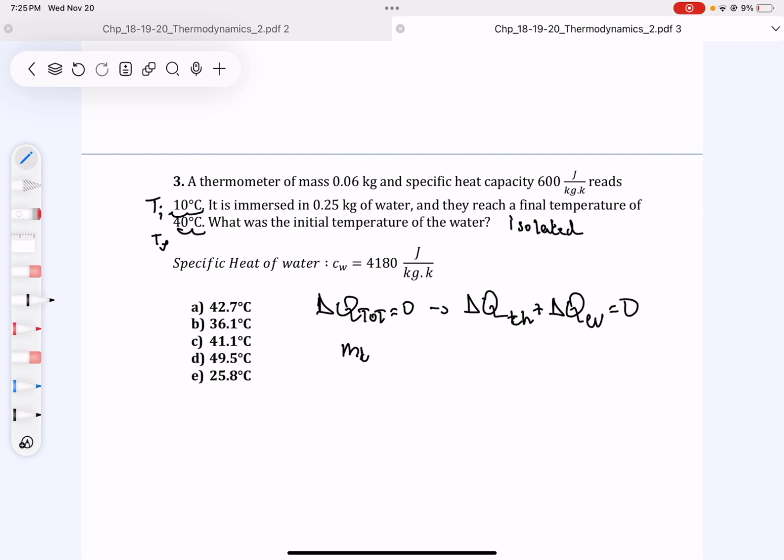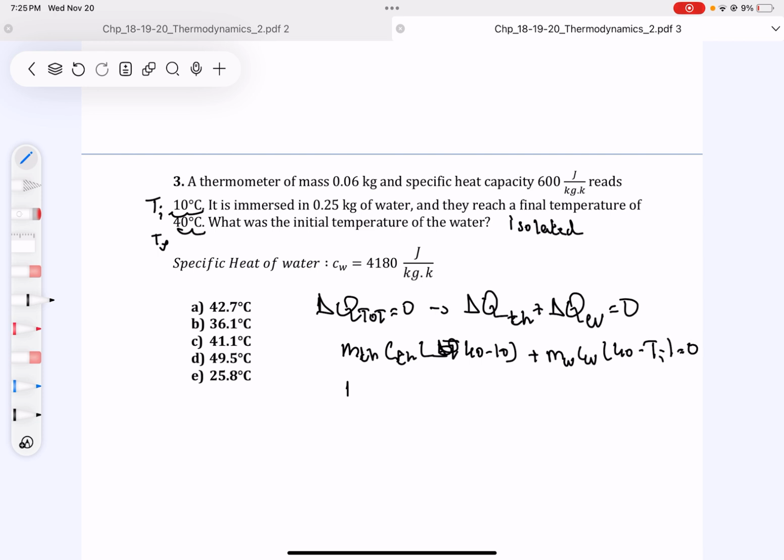Then M thermometer, C thermometer, times delta T. Now delta T is 40 minus 10, because the final temperature of the thermometer is 40, initial is 10, plus M water, C water, 40, because it's the final temperature of both thermometer and water, minus T initial, is equal to 0.